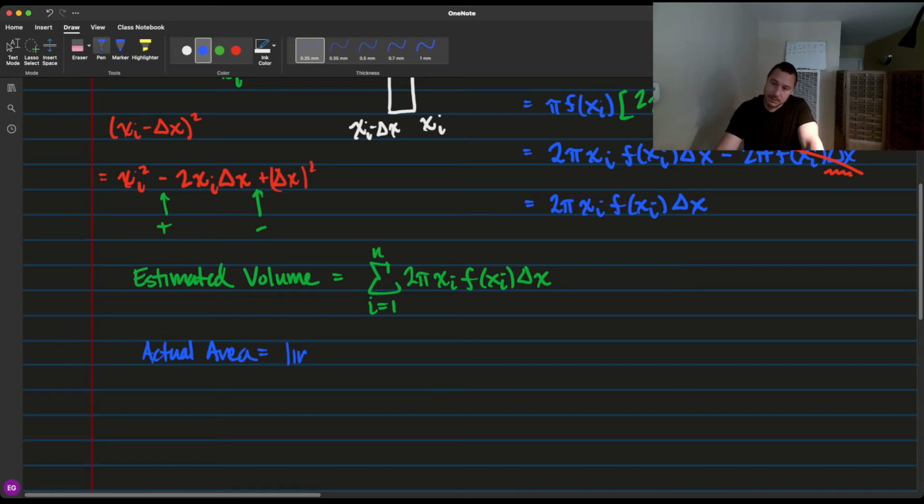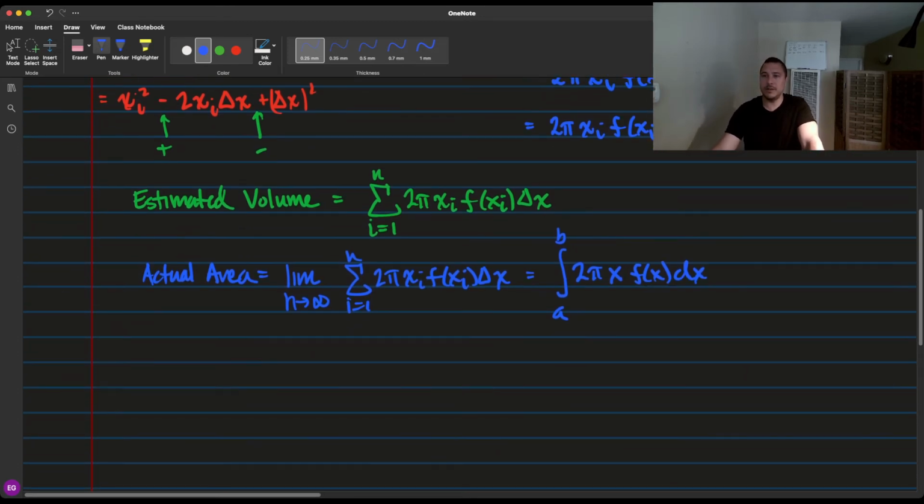So you would take the limit as n goes to infinity of sigma i equals 1 to n of 2 pi xi f of xi delta x, which, because we're integrating from a to b, what you get is the integral from a to b of 2 pi x f of x dx.